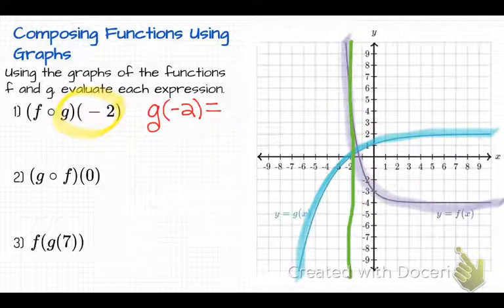So at g of -2, am I going to look at the blue graph or the purple graph? The blue graph, okay. So at what y value does my line go through the blue graph? Goes through right here. Do you see how they intersect right there? Okay, what y value is that?